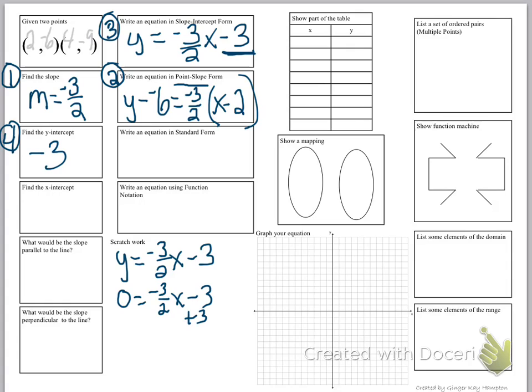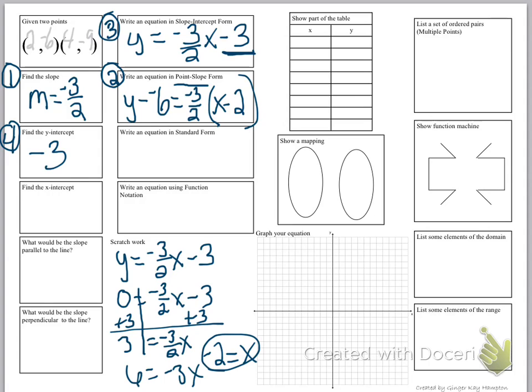So add 3 to both sides, and I get 3 equals negative 3 over 2x. So I'm going to multiply both sides by 2. So I get 6 equals negative 3x. Then I'm going to divide by negative 3. And so I end up with x equals negative 2. So that's my x-intercept.